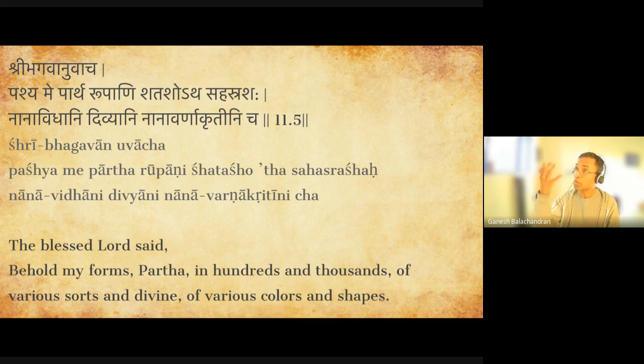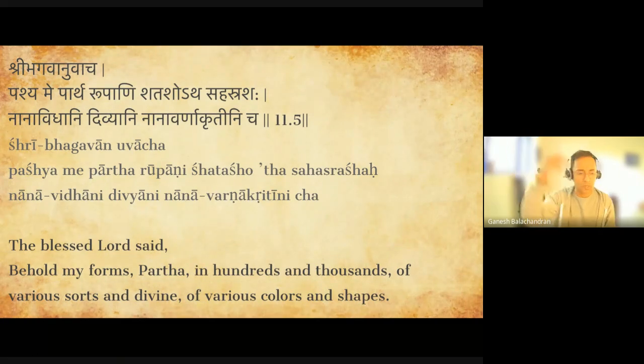Bhagavan is one who possesses the six glories, Aishwaryam. We saw all that, right? So the blessed Lord said, behold my forms, Pashya me Partha rupani, rupam means form. O Partha, behold my forms, shatasho atha sahasrashaha. Shataha means hundreds, and sahasrashaha, thousands, in hundreds and thousands.